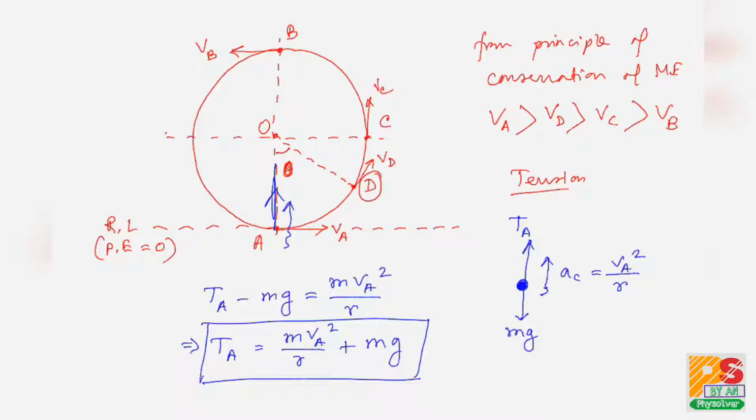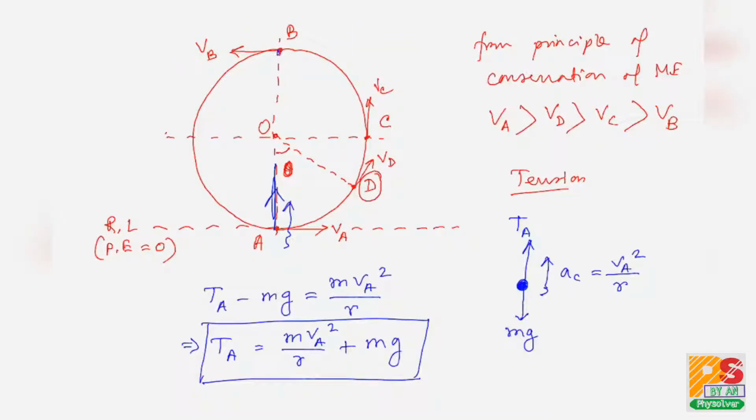Now coming to the highest position, that is B. Now if I draw the FBD of the mass at the highest position B, now see at the highest position mg will act like this, tension will also act in the same direction, and centripetal acceleration will be towards the center.